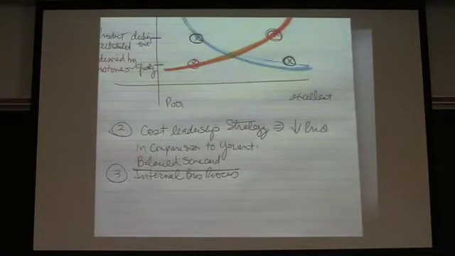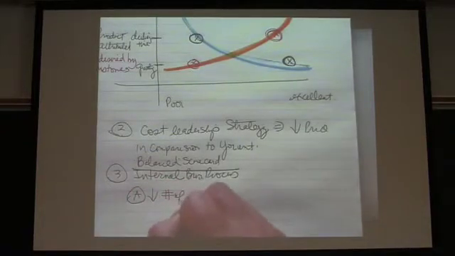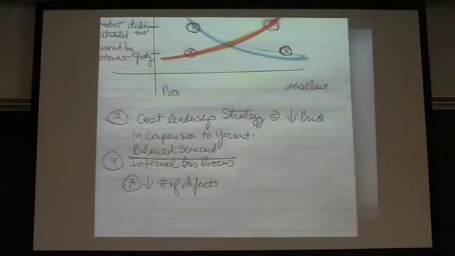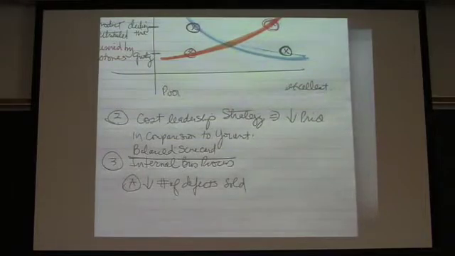For internal business process, we need to, first of all, decrease the number of defects. So we've got to put some sort of internal controls in place so that before the products leave the warehouse to the customer, there's a checking mechanism that allows us to check for that defect.